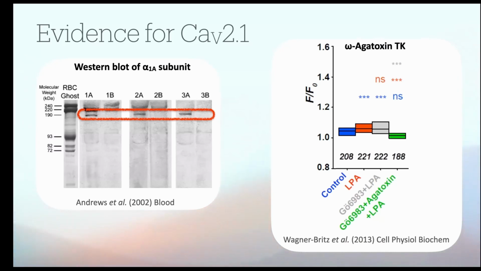And if we apply this omega-agatoxin TK, we can inhibit this function. Well, as I said before, it remains a phantom because I personally never have consciously seen any CaV2.1 recording, so any direct channel openings of this channel during my entire scientific life.